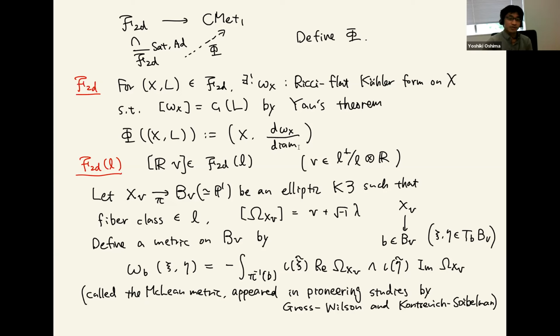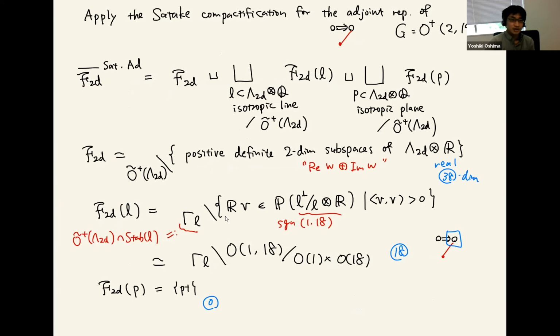And for the 18-dimensional boundary strata, we take a point RV. This is a point in real projective space in the description of the previous slide.